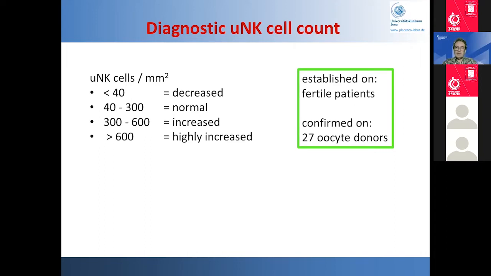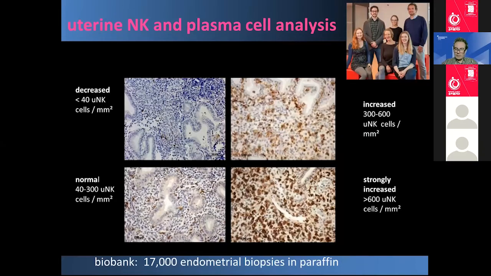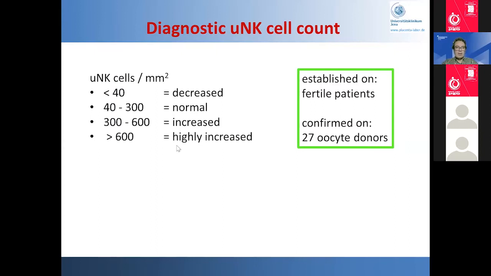And then we confirmed these values on a group of 27 oocyte donors from Spain and from Ukraine. And we stayed after this with these values. I show you the distribution later in another slide.